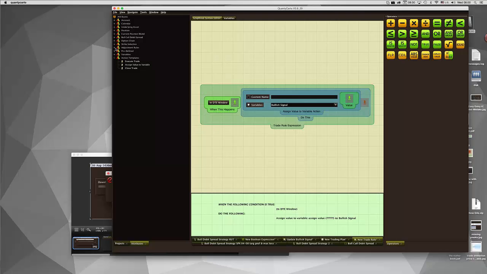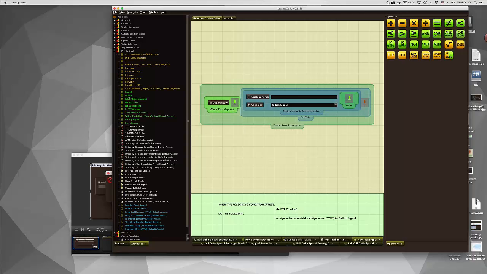And the value that I want to assign is the one that I just defined as bullish. So I'm just going to drag this bullish over, and voila.